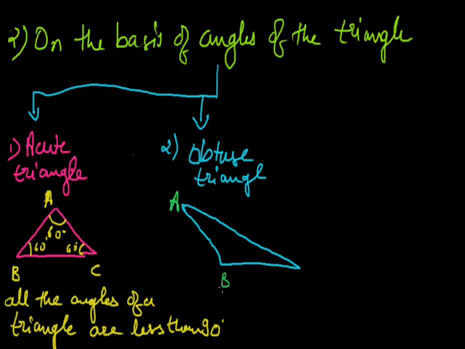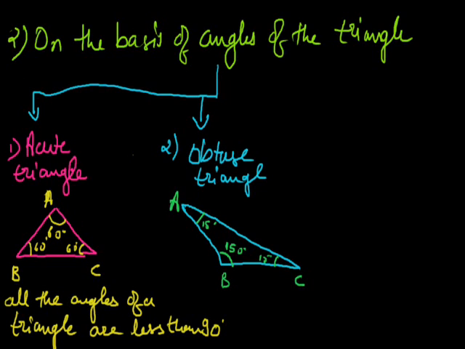Here triangle ABC is an obtuse angle triangle. That is, if this angle is 150 degrees, then this angle will be 15 and this angle will be 15 degrees. Then this type of triangle is an obtuse angle triangle, since one of the angles, that is angle B, is greater than 90 degrees.